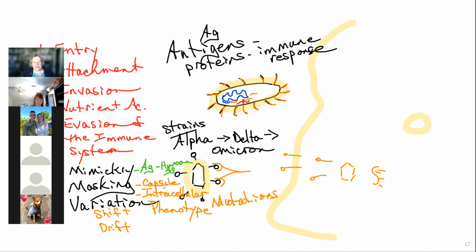There are some pathogens that cover themselves in hyaluronic acid, so they look like the molecules that are connecting the cells together. Your immune system goes through, takes a look at it, and says, oh no, this is part of the human body. It's supposed to be here.